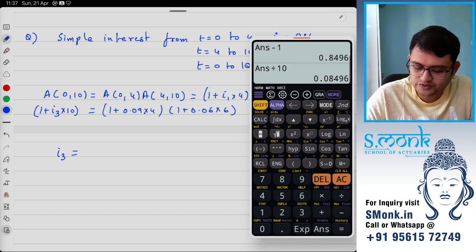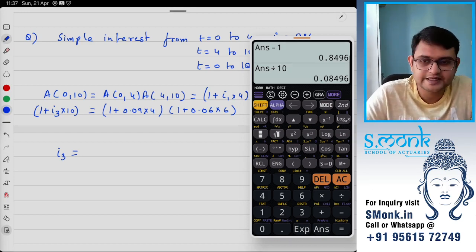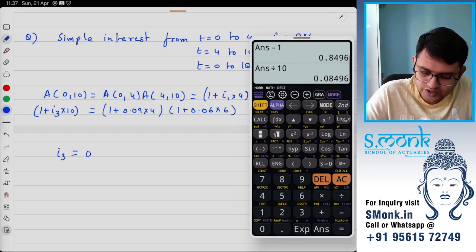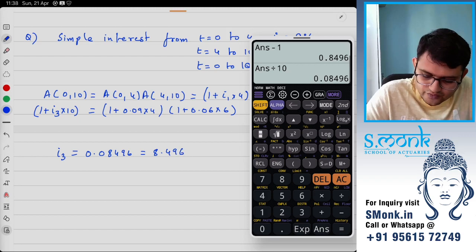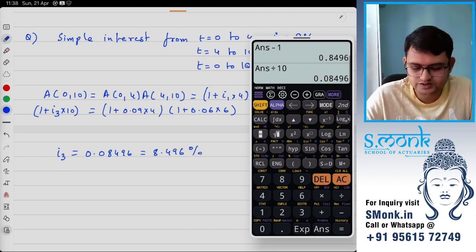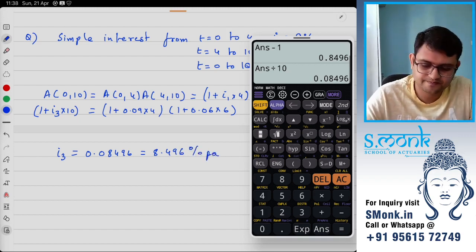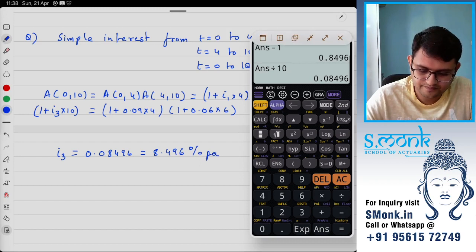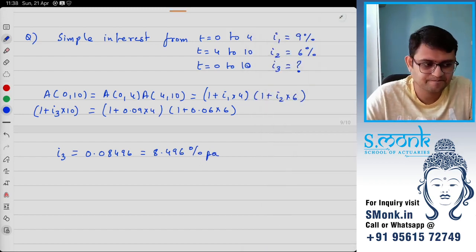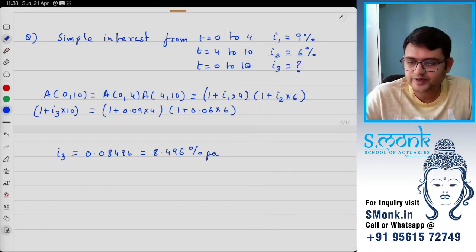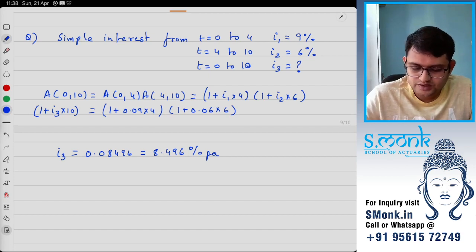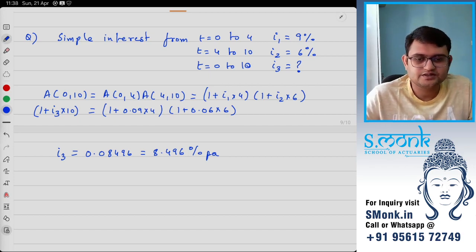It will always use the previous value to give me the next value. Okay. So it is going to be 0.08496, that is 8.496% per annum. That becomes the simple interest I3.